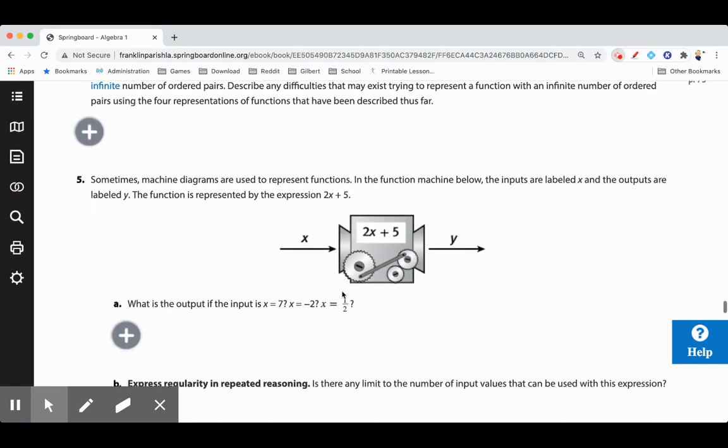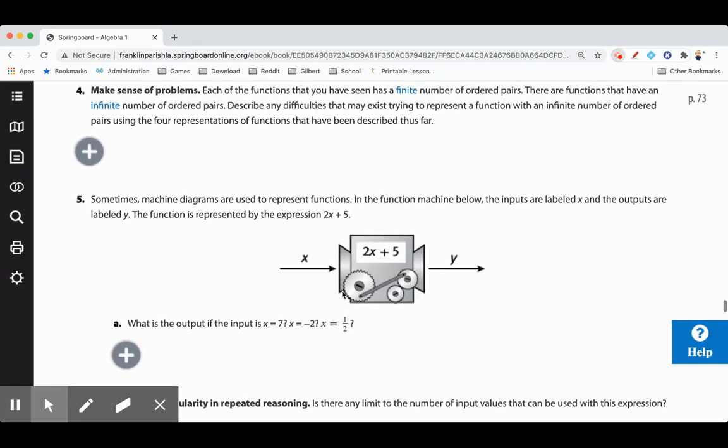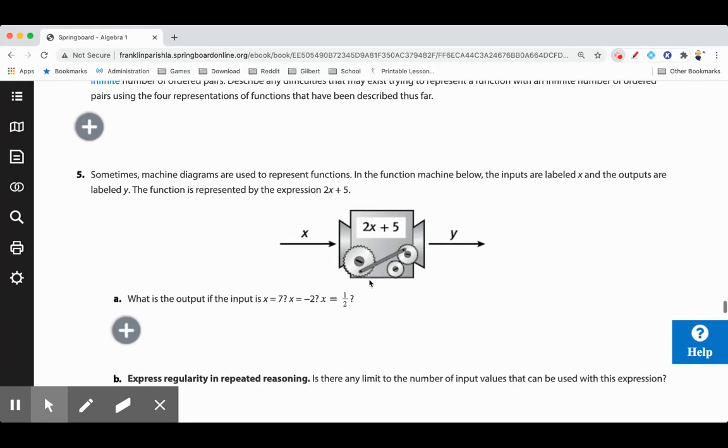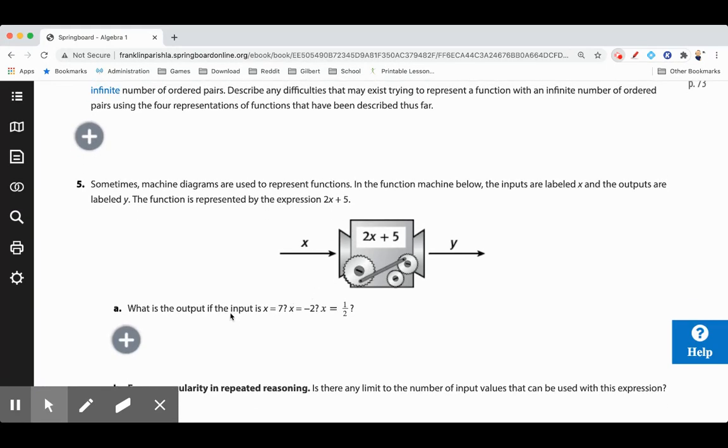5. Sometimes machine diagrams are used to represent functions. In the function machine below, the inputs are labeled X and the outputs are labeled Y. Domain and range. The function is represented by the expression 2x plus 5. So part A, what is the output if the input is 7, or if it's -2, or if it's 1/2?